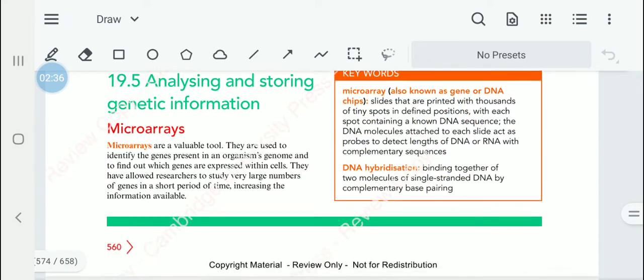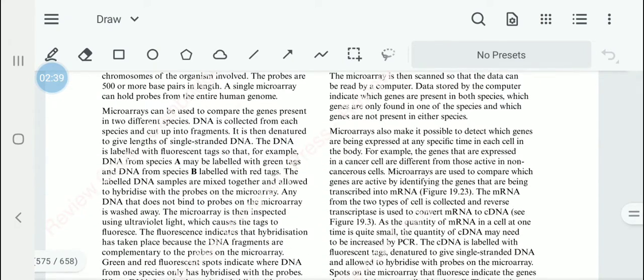If there is a gene present which has complementary base sequences, they will join together to produce a double-stranded DNA molecule. Then we can compare them and say that these genes are similar in both of the species, or whatever we compare.